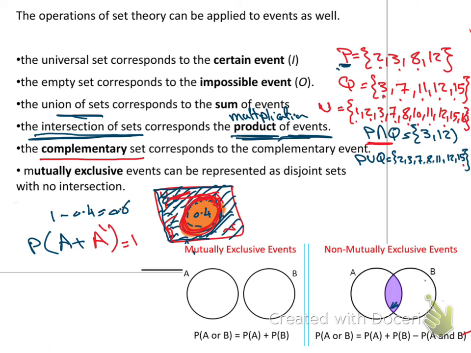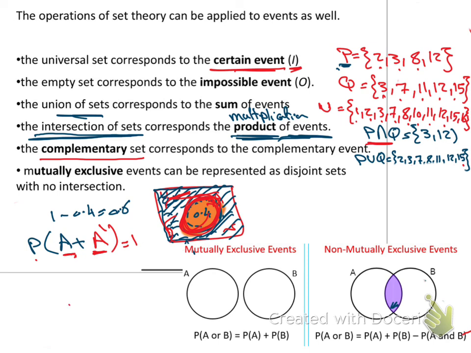So we said A and the complementary of A. We put our thumb to hide A, and anything else is the complementary. So both of them together form 100%, the universe. And the probability of the universe, we said it is certain, it is 1. So the probability of anything and its complementary is 1.